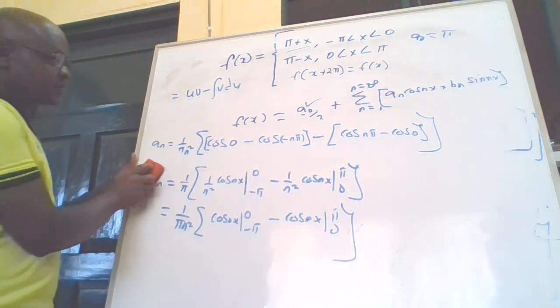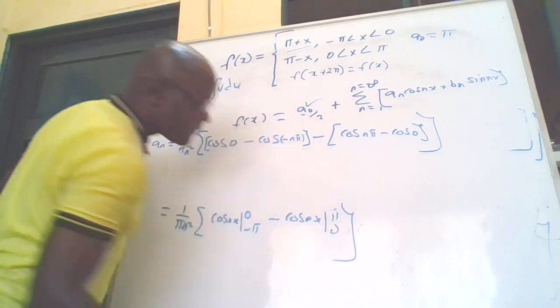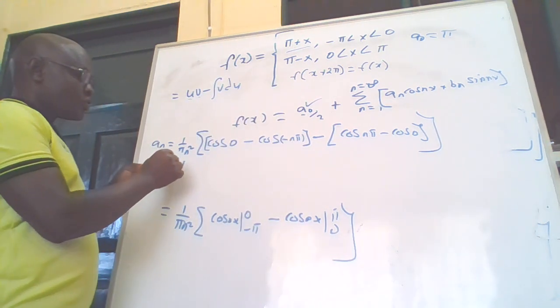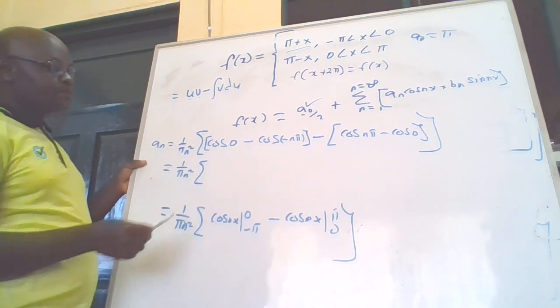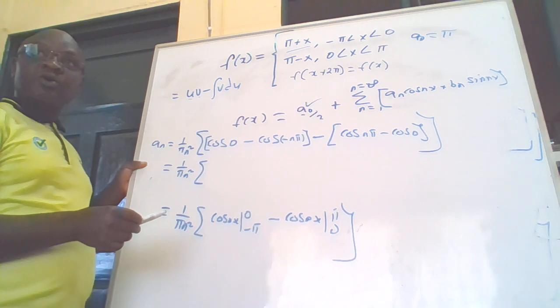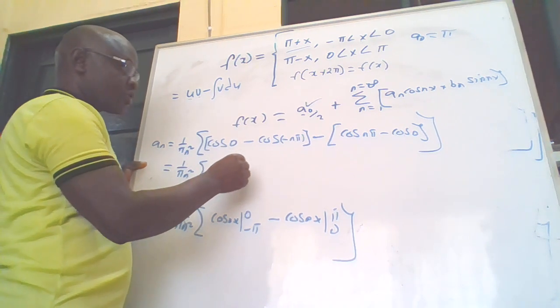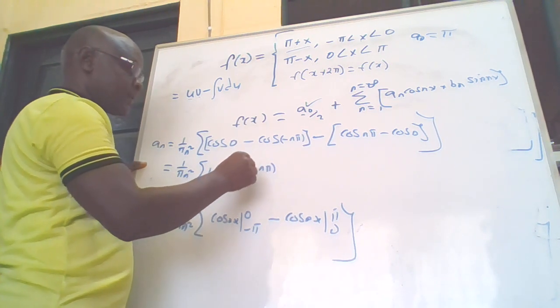So once we have that, this equals to 1 over pi n squared into cos 0 is 1, so we have 1 minus cos minus n pi.